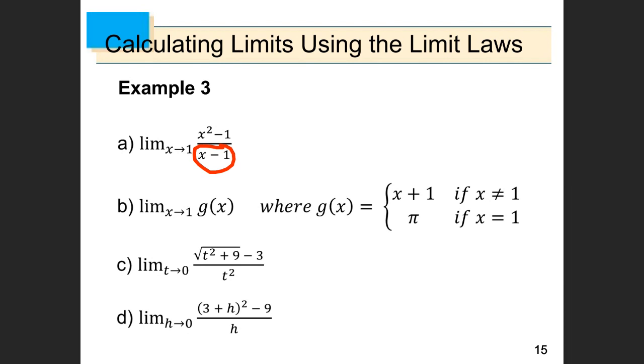So direct substitution fails. The next step is to try and see if you can factorize. If you treat this function as a difference of squares at the top, notice that one of the factors will cancel with this x minus 1 at the bottom, and you're only left with x plus 1. And your output will just be equal to 1 plus 1, which is equal to 2. So you factorize where you notice that direct substitution does not work.